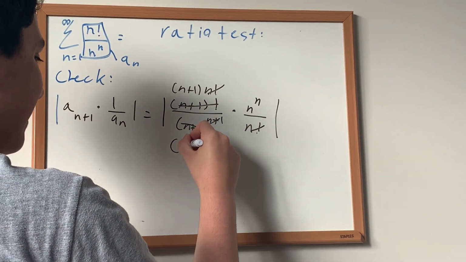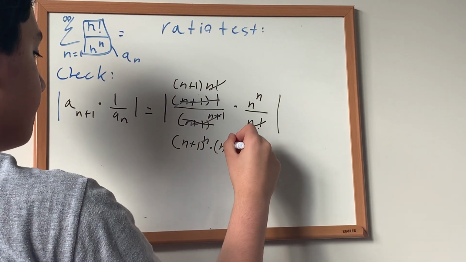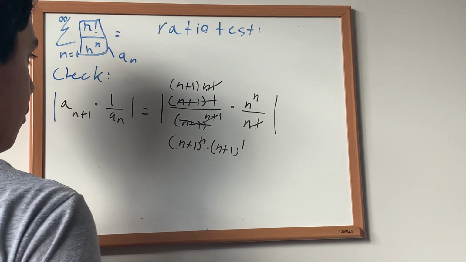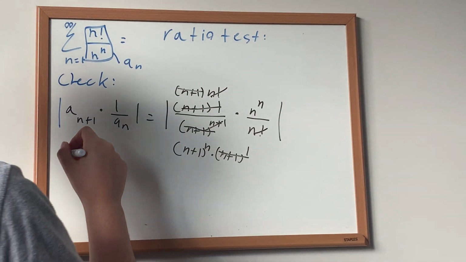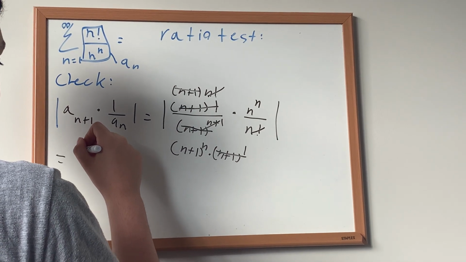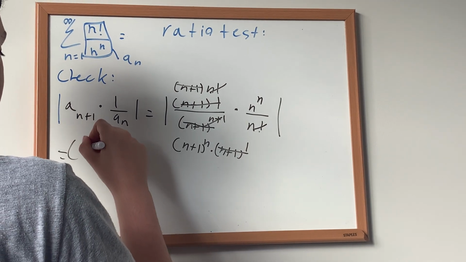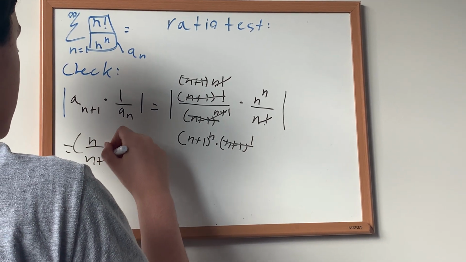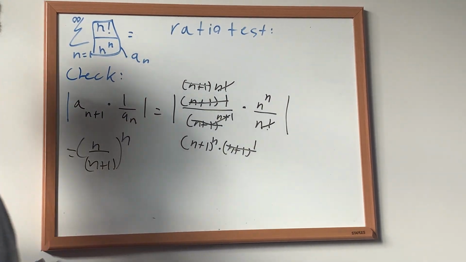So for this, we get n plus 1 to the nth power multiplied by n plus 1 to the first power. And you see that this and this cancels, and we're nicely getting our answer because both of them have n, so we can write this as n over n plus 1, and all of them to the nth power.